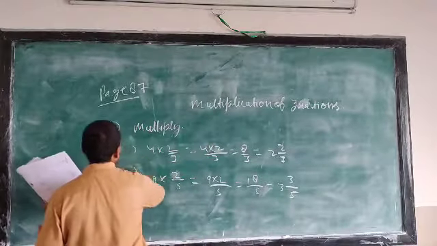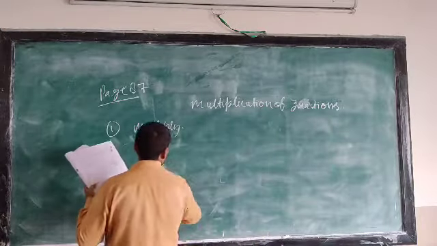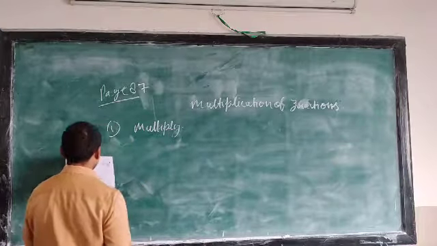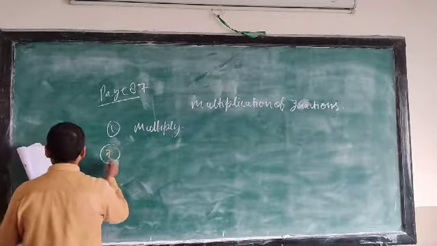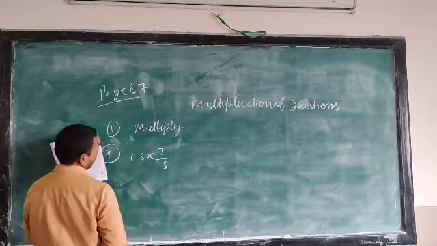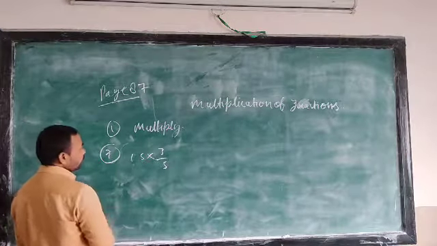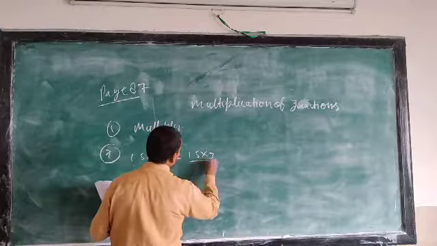Now the 10th one, sorry, not the 10th one, the 7th. All are the same type of question. See here, student, you can multiply 15 into 3 by 5.